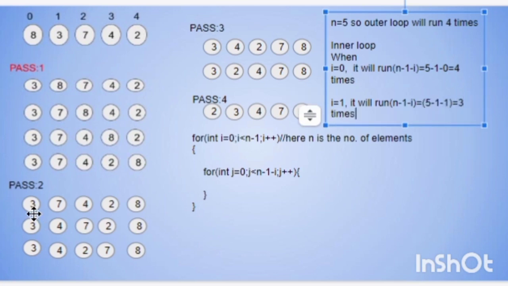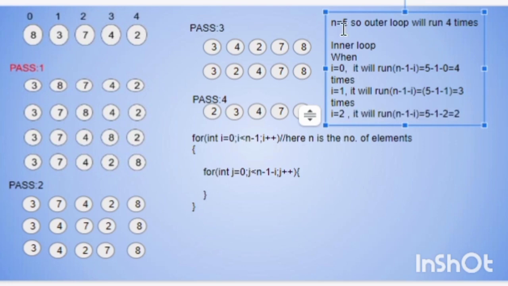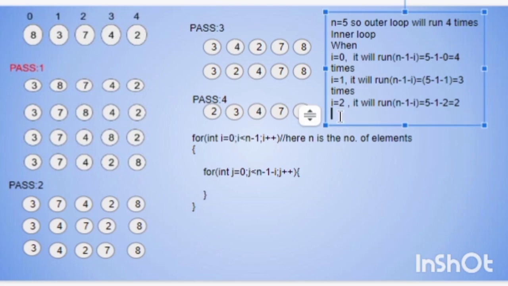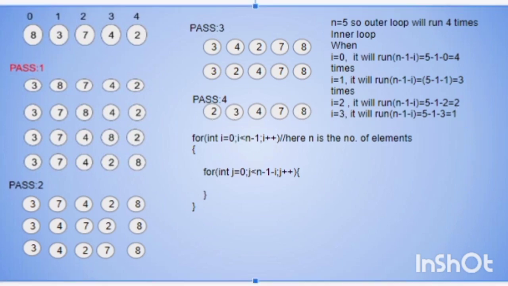For i is equal to 2, it will run n minus 1 minus 2, so it is 2 times. In the third pass we have made 2 comparisons. In the fourth pass, i is equal to 3, it will run n minus 1 minus 3 is equal to 1 time. So in the last pass we have made only 1 comparison, so this logic is correct.